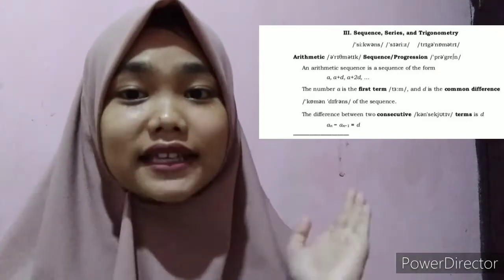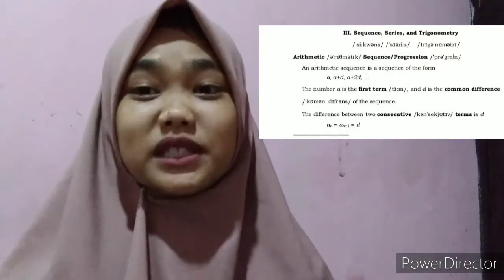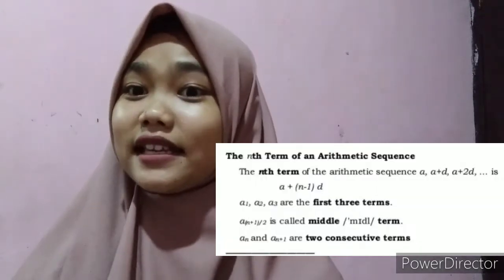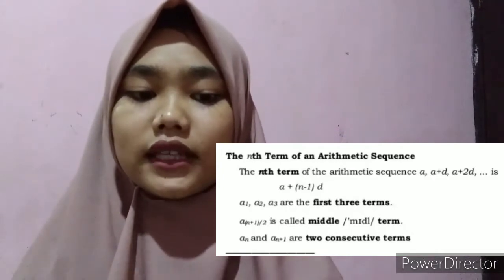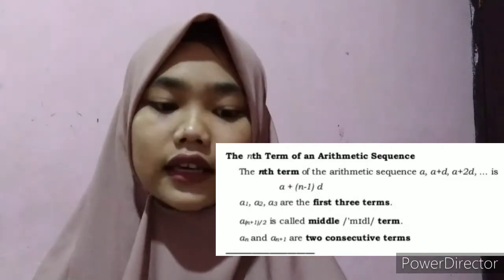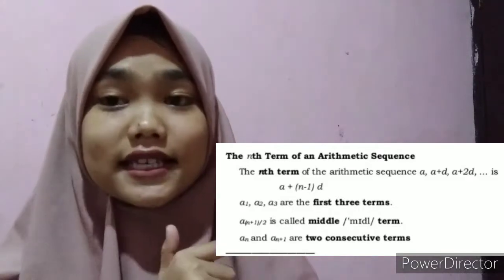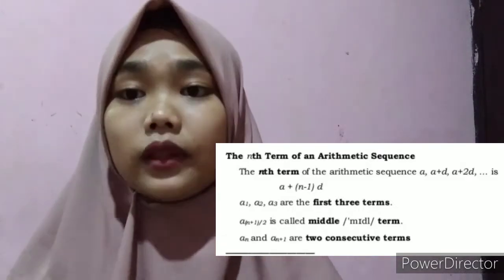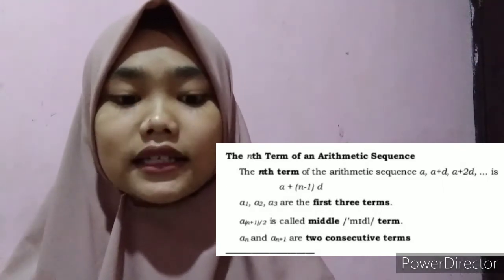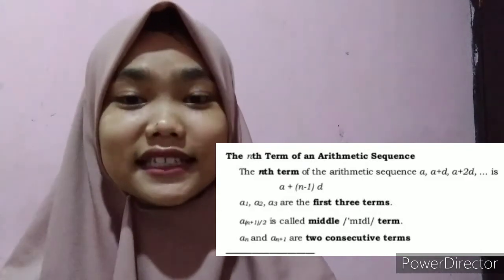an minus a(n minus 1) is equal to d. Okay. The nth term of the arithmetic sequence a, a plus d, a plus 2d is a plus (n minus 1) times d.